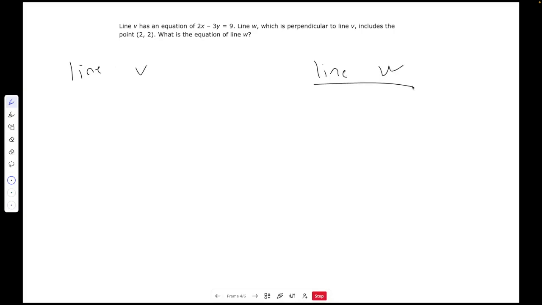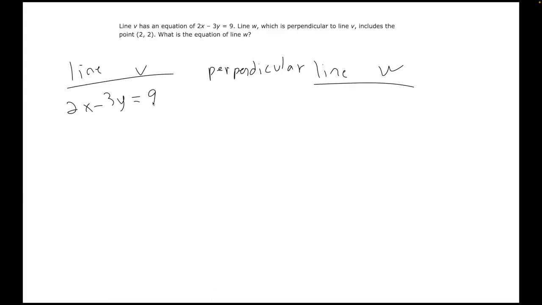For this last type of problem, we've got line V, we've got line W. They tell us they are perpendicular. And we start with this. If you know standard form, this is standard form, but this is not point slope, this is not slope-intercept, so we need to solve this for y.